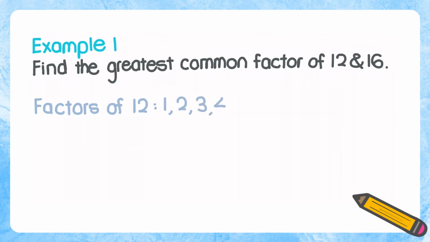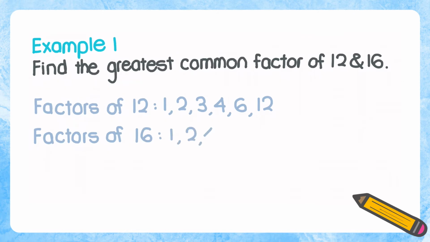So 1, 2, 3, 4, 6, and also 12 itself. Next, let's look at factors of 16. So what numbers will multiply to 16? 1, 2, 4, because 4 times 4 is 16, 8, and 16.